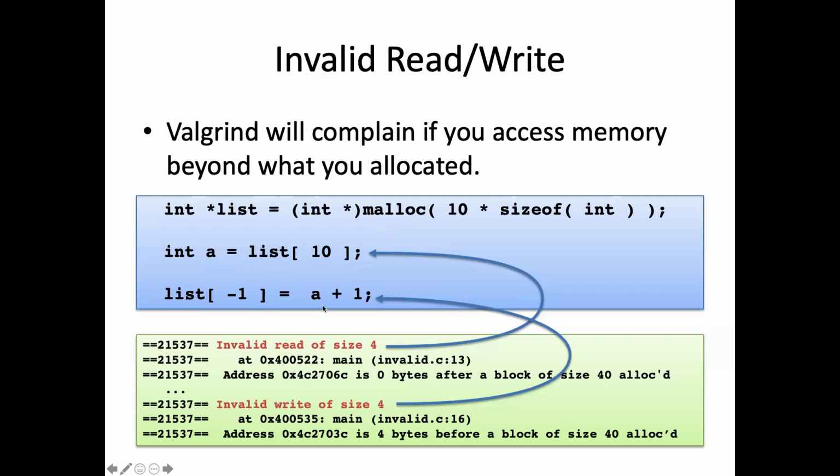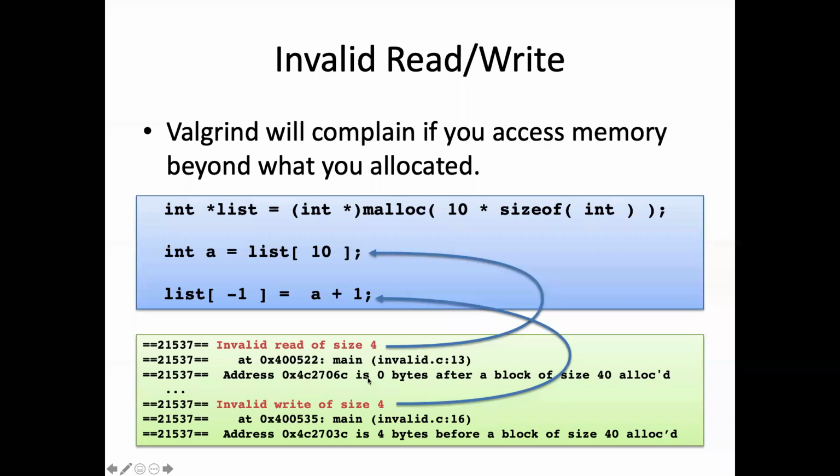Here, instead of reading memory, I'm writing to it. And instead of writing past the end, I'm writing before the start. You can see now the error message says invalid write, because I'm trying to put something in memory near that array. Here I'm writing to an element before the array, so the starting address of what I'm writing is 4 bytes before the start of the array.